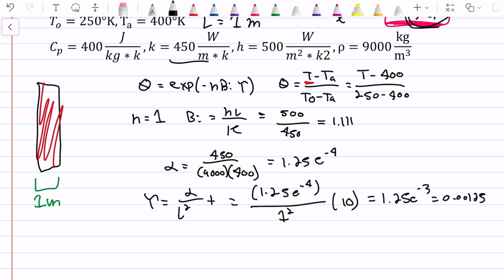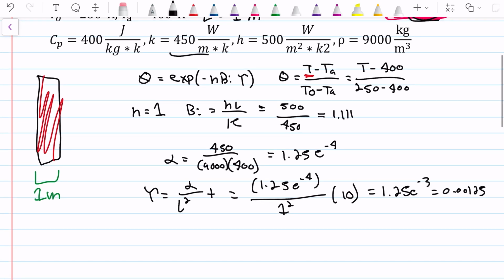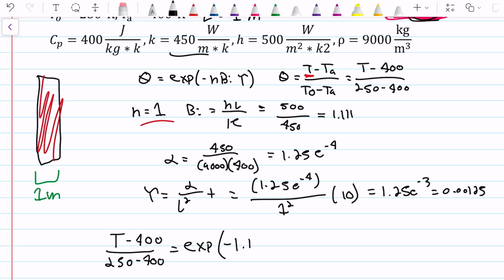So now we have n, we have our Biot number, we have tau. Let's go ahead and solve this. Actually, let's lay out the whole expression. T minus 400 all over 250 minus 400 equals the exponential of negative, our n is just 1, so I'm going to omit it, negative 1.11, our Biot number, times our tau, which is 0.00125.